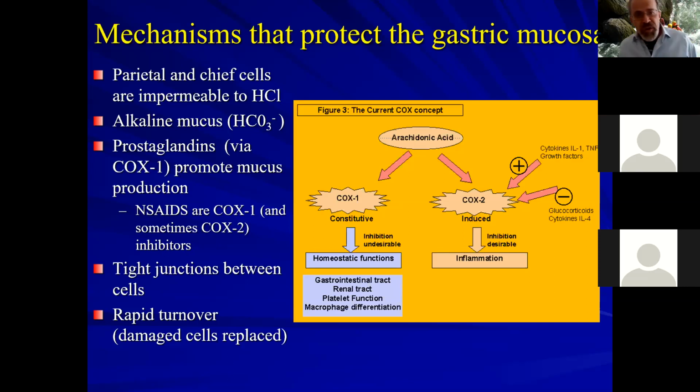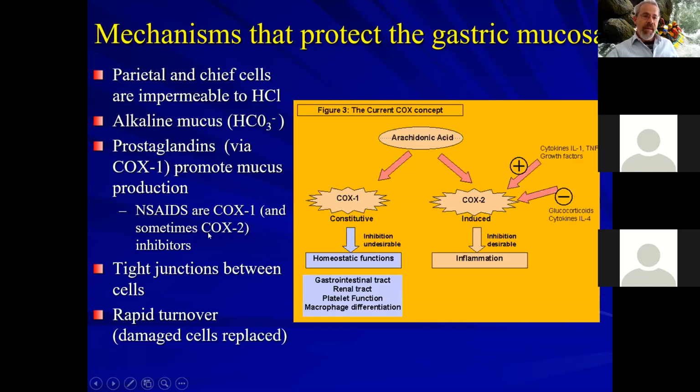Number one, parietal cells, which release hydrochloric acid, and chief cells are impermeable to hydrochloric acid coming into their cells. So there's a barrier that prevents it from going back in. Beyond that, the mucus produced by those mucus cells and goblet cells is very alkaline, so it helps to buffer the hydrochloric acid that's in the stomach.